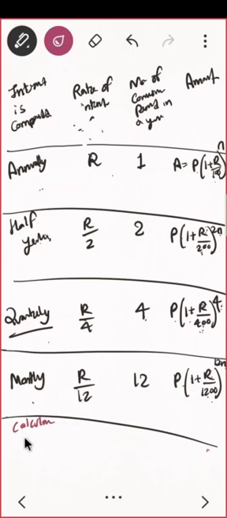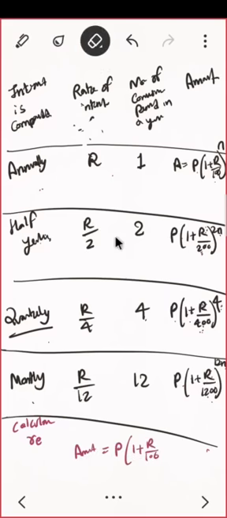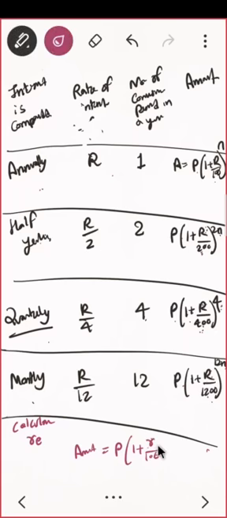Calculate the effective interest RE, and then compound interest would be amount minus principal. First let us see the amount. So in that case the amount would be P bracket 1 plus R upon 100, where R will be RE, raised to n.